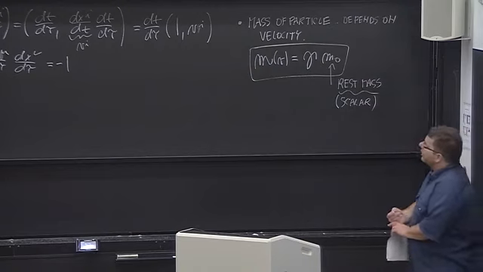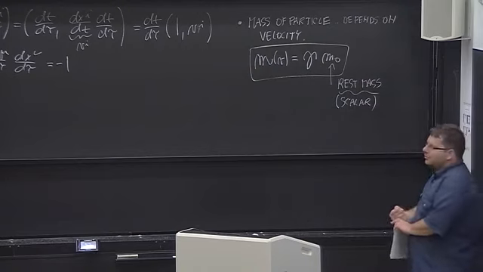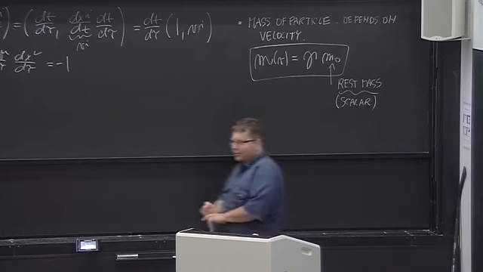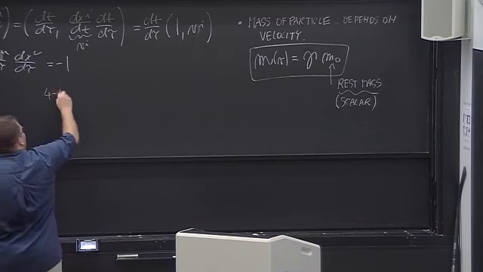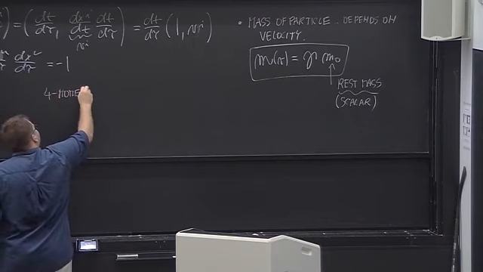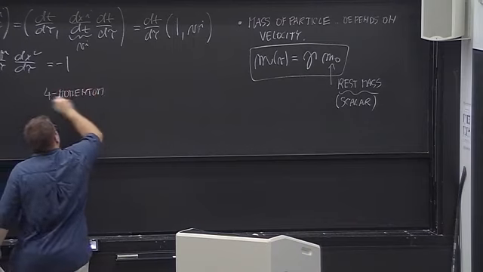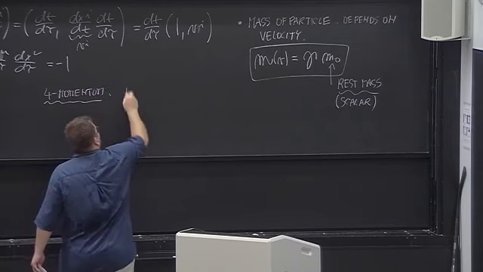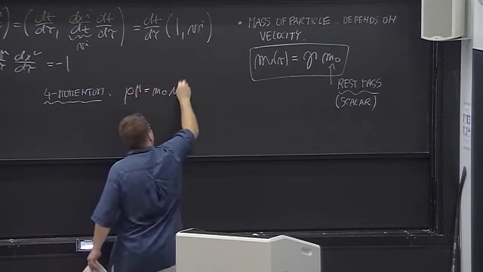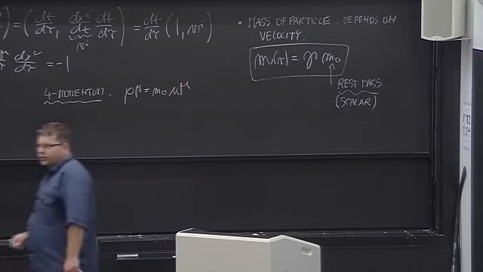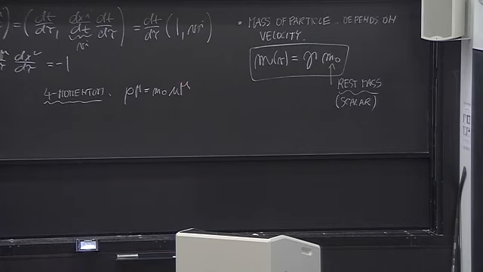And if you have a scalar, we can use this to multiply some vector to get something new and nice, and that's the four-momentum. You define it to be p^μ equals m0, which is a scalar, so that's fine, times u^μ. So this is still a Lorentz vector, and this is what it is.